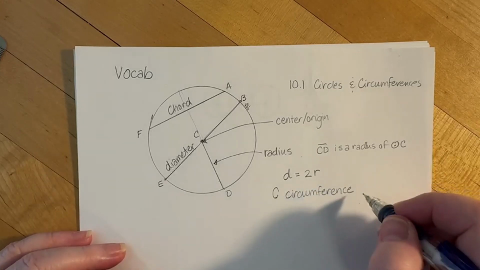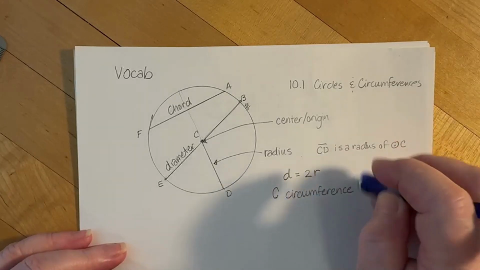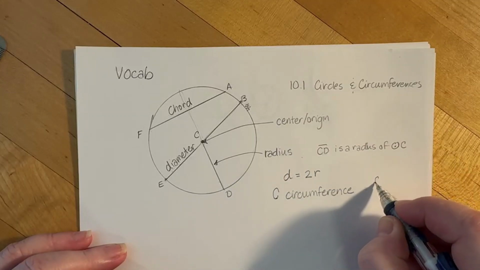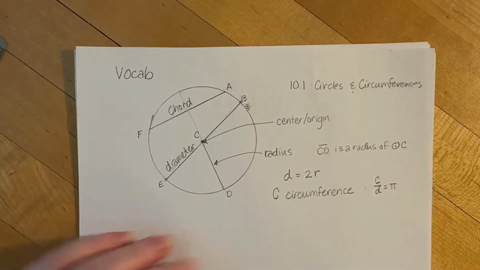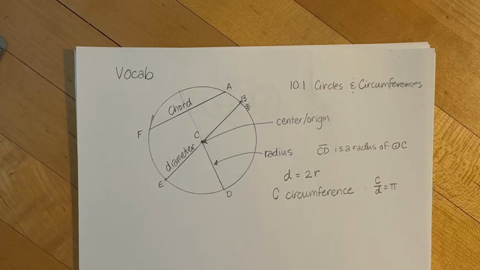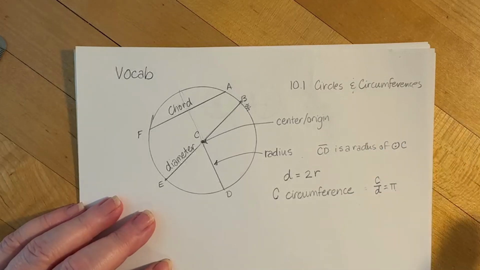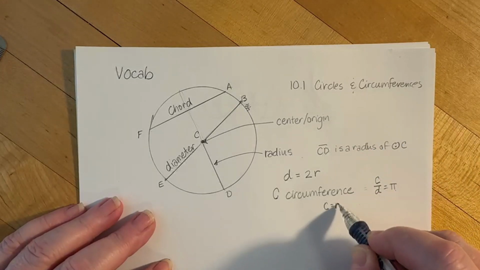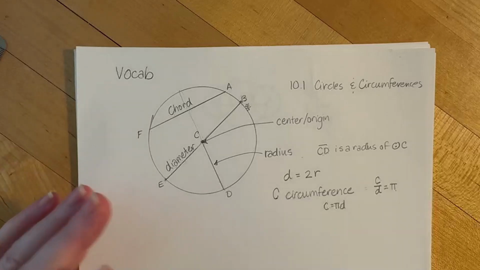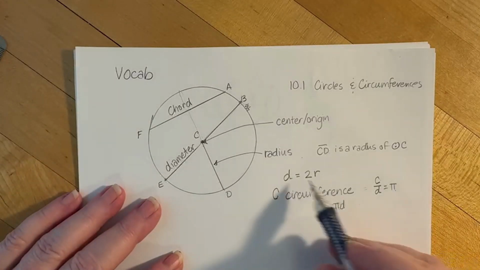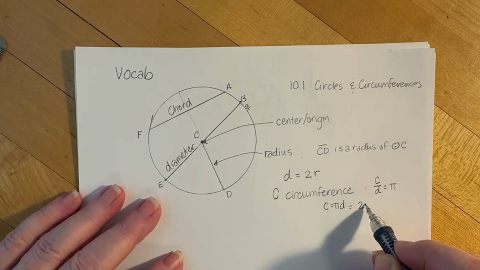And circumference is really interesting because the relationship between the circumference and the diameter is equal to that special number called pi, 3.1415926 and so on. That's that ratio. We normally write it as: the circumference is equal to pi times d. But, of course, we don't typically talk in terms of diameter. We talk in terms of radius. And remember that d is equal to 2r, so circumference is 2 pi r.